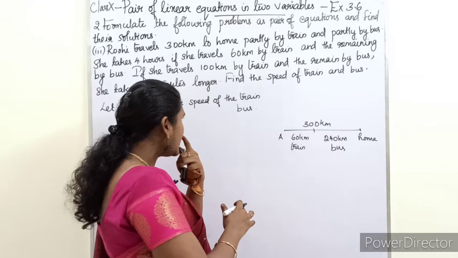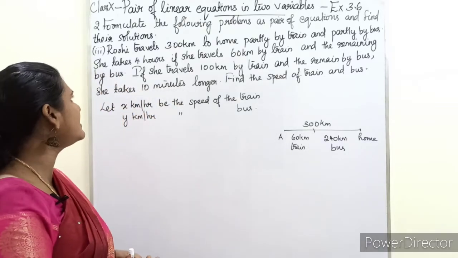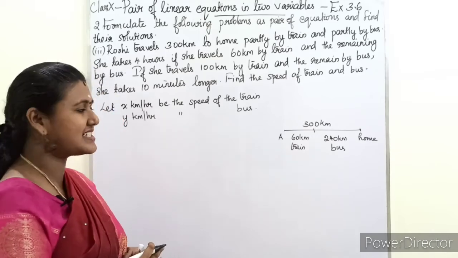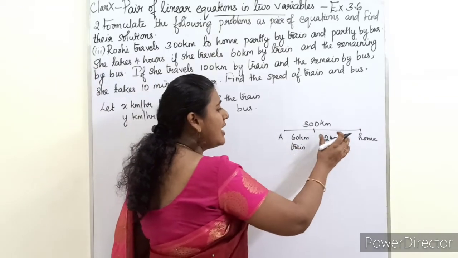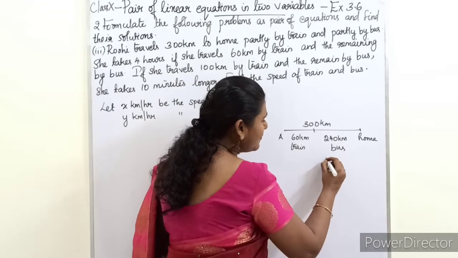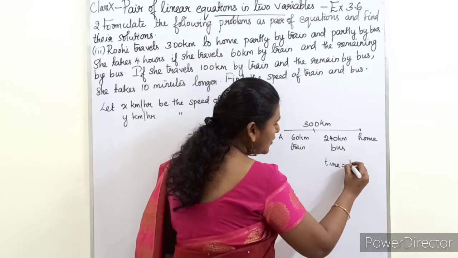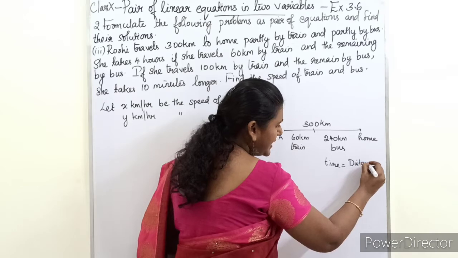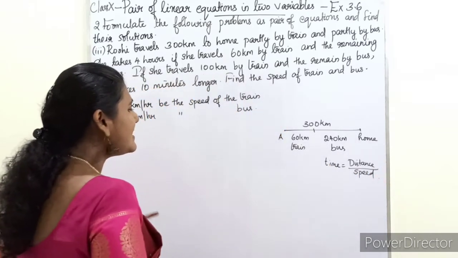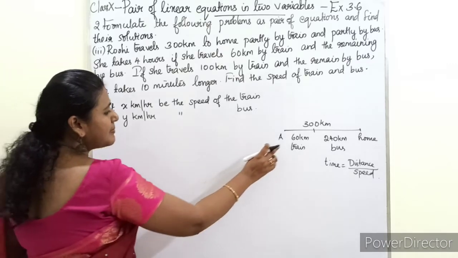So this total time is 4 hours. She takes 4 hours traveling in this way, that is 60 kilometer by train and 240 kilometer by bus. So the total time formula you already know, distance by speed. So we are going to form the first equation now, that is 60 kilometer by train.